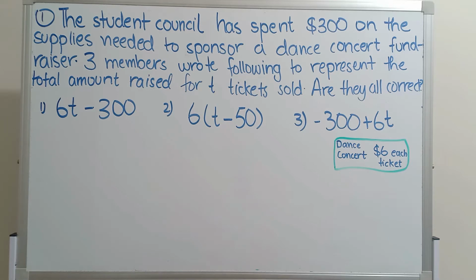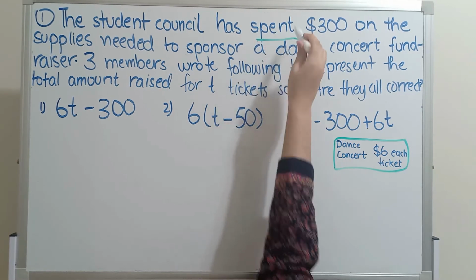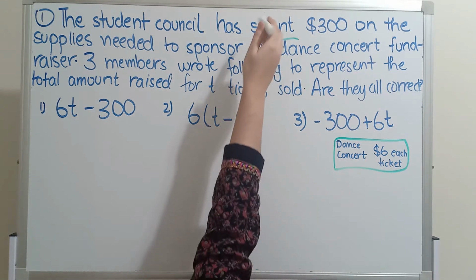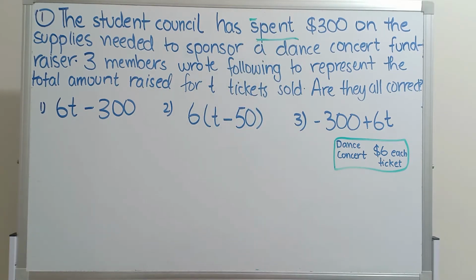It says that they spent $300 on the supplies, and they wrote expressions to represent the total amount raised for the tickets sold. Where it says the student council has spent, that means it comes in a negative way. So the spent has a negative effect.